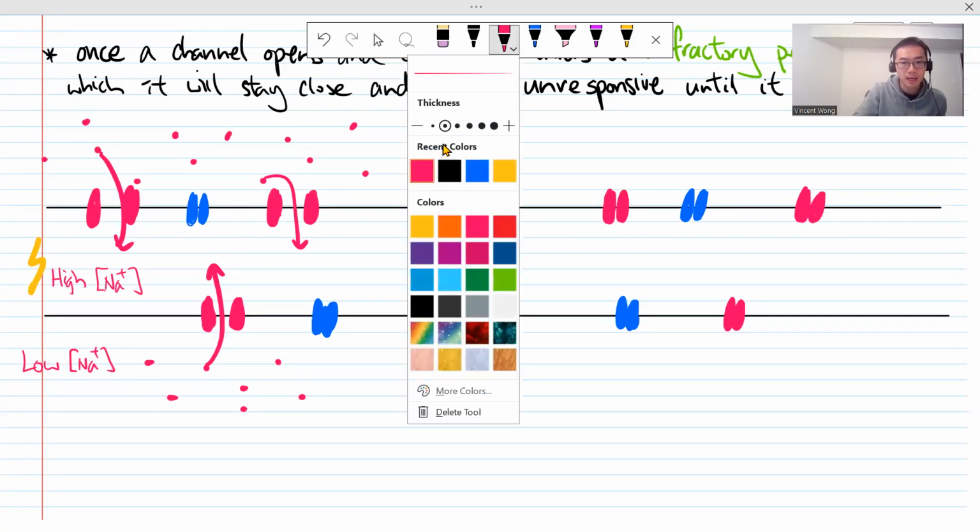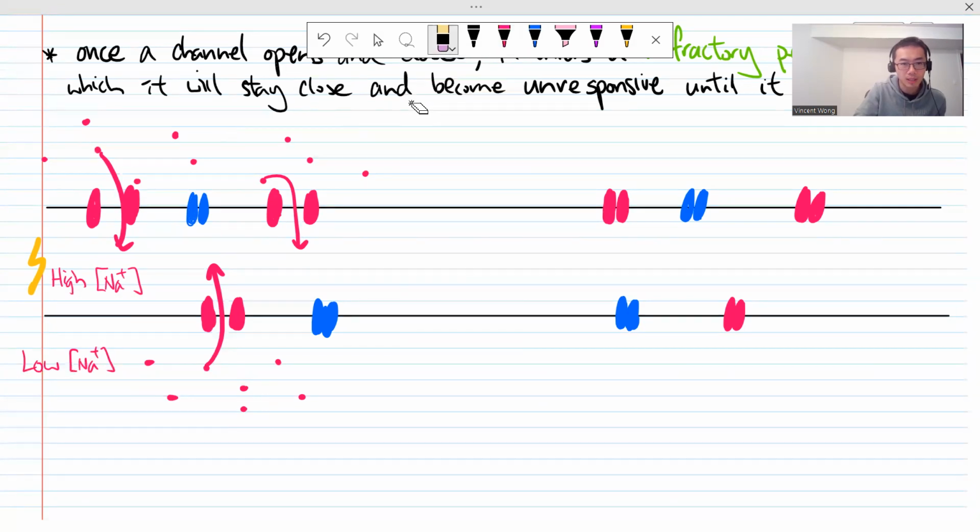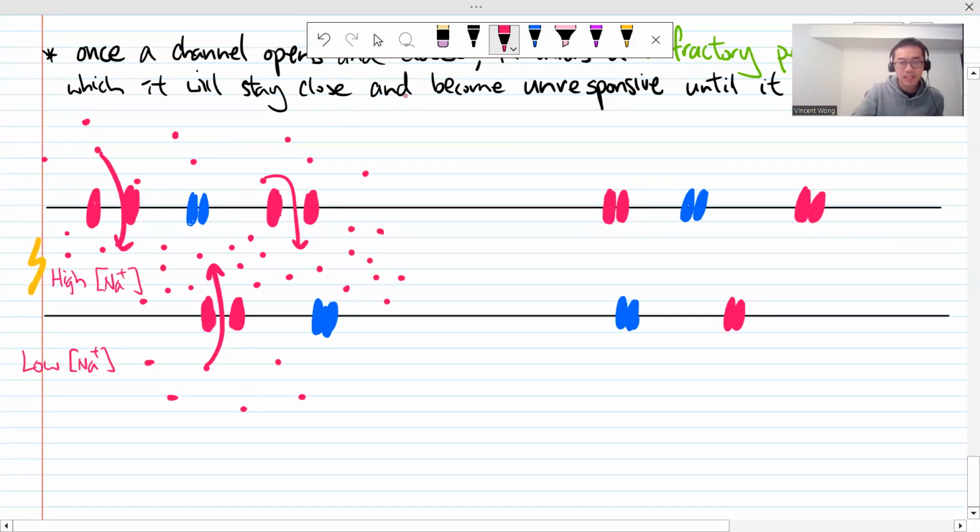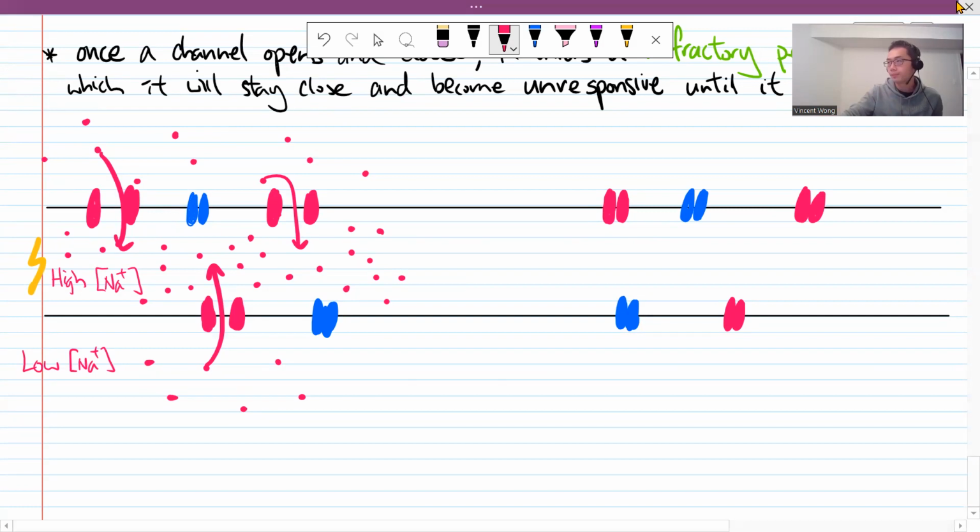Perhaps I didn't draw this too well. I should take away some of these and move them inside. Does anybody have any question about why the sodium is so high on the inside now?